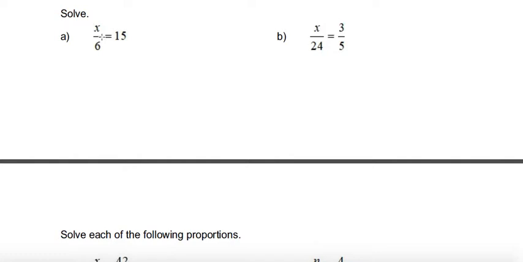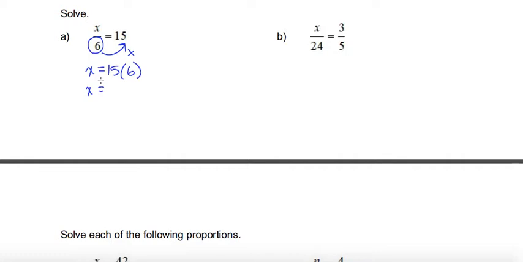And in order to do that, we have to move anything that's not an x to the other side. So we're going to start by moving over the 6. So right now the x is being divided by the 6, so the opposite of division is multiplication. So I'm going to have x is equal to 15 times 6, and I can either use my calculator or I can use my mental math skills, whichever is easier for you.